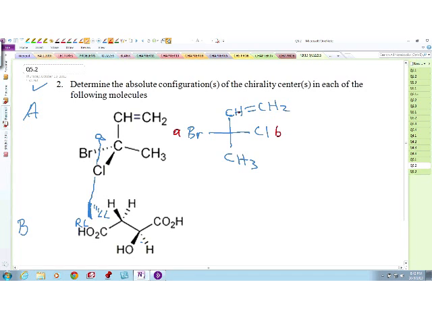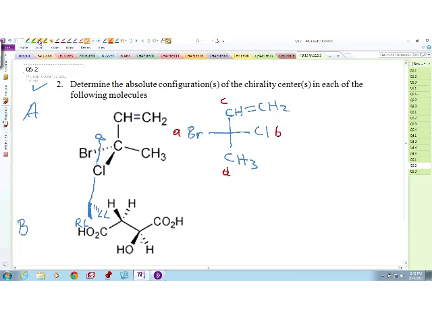Anytime you see a double bond, assume that you have 2 single bonds. In other words, this carbon here is attached to 2 other carbon atoms. If you see a triple bond, that means it is attached to 3 other atoms. So in this case, this carbon is attached to 2 other carbon atoms. Therefore, it has priority. So this is C, and then this is D.